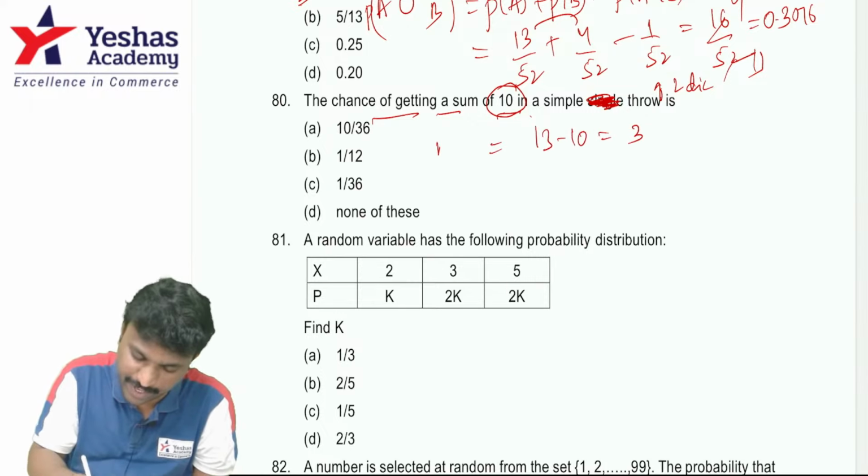Moving on to the next question, a random variable x follows the binomial distribution with E of x equal to 2, variance is 1.2, the value of n. A similar kind of question we had solved yesterday. Whenever variance and the mean are given, you can find out q quickly, which is variance by mean, which is 1.2 by 2. What is 1.2 by 2? 1.2 by 2 is 0.6. Q is 0.6, so obviously P is 0.4.